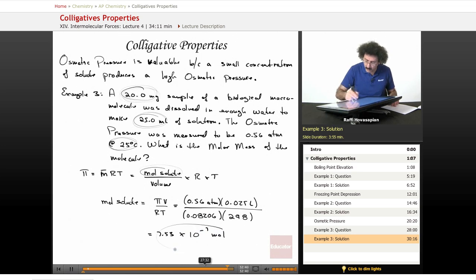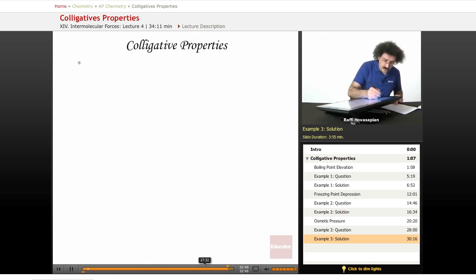Well, now that we have the moles, we have the milligrams, let's go ahead and do some division. So, molar mass, which is what we want, is equal to 20 milligrams, which is 20.0 times 10 to the negative 3 grams. I just use the definition of milligram instead of doing the conversion.